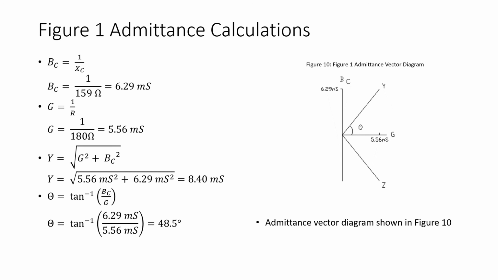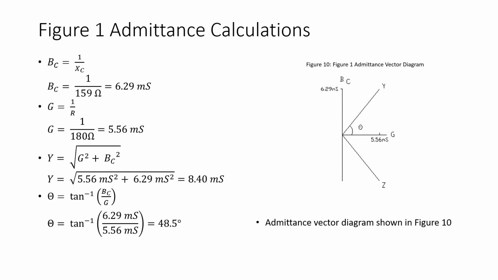Admittance, Y, equals the vector sum of G and B sub C, which is 8.40 millisiemens. And the phase angle for admittance is the inverse tangent of B sub C over G, which is 48.5 degrees. The admittance vector diagram of Figure 1 is shown in Figure 10.